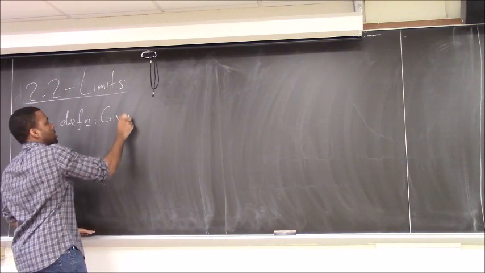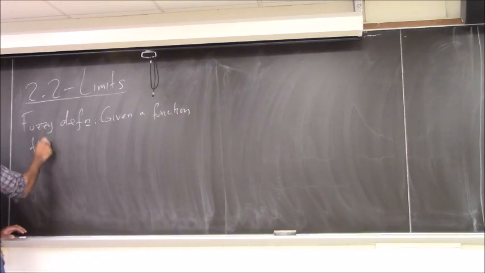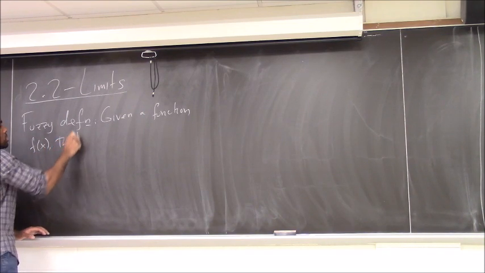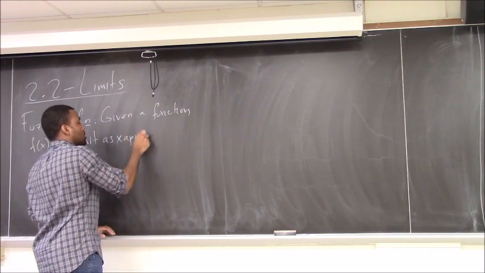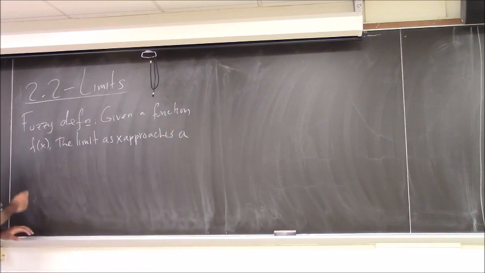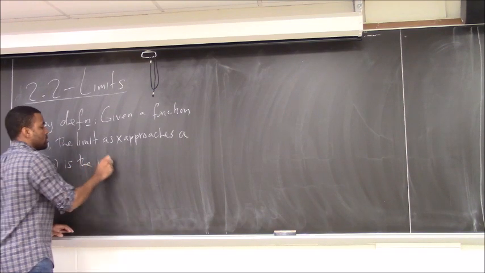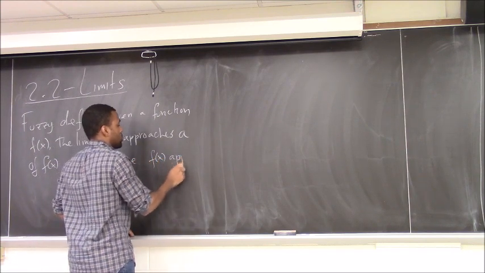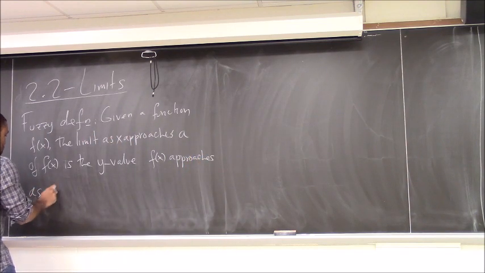So given a function f of x, the limit as x approaches a, some number a, of f of x is the y value f of x approaches as x approaches a.